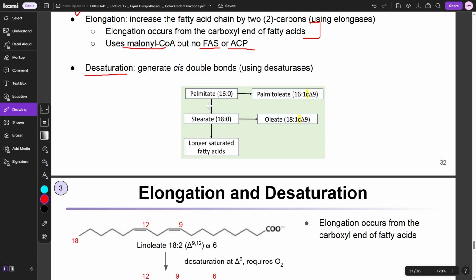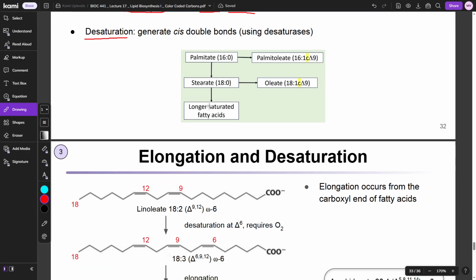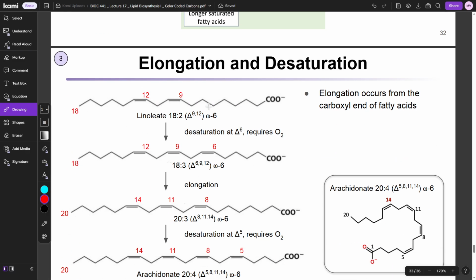There are enzymes that add double bonds. If you look at this, elongation occurs from the carboxyl end into the fatty acid group. This is just a point that they made, but you can see here that you're adding another desaturation, so you're adding one there.